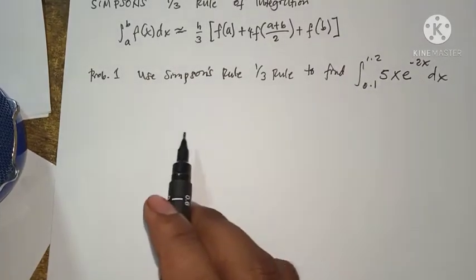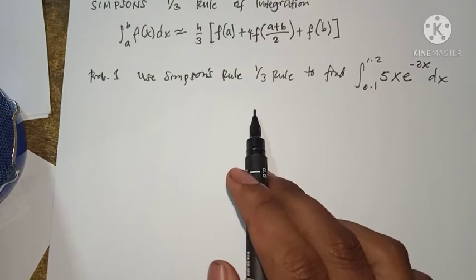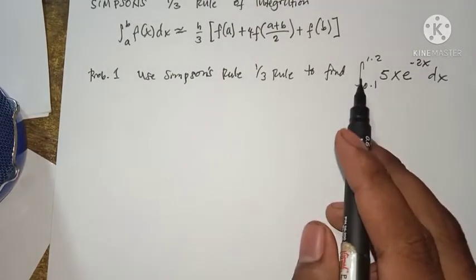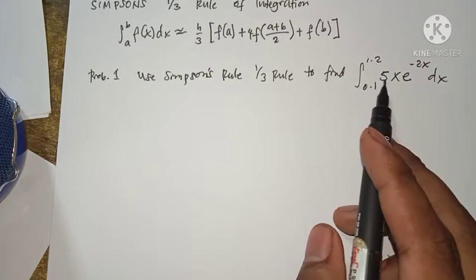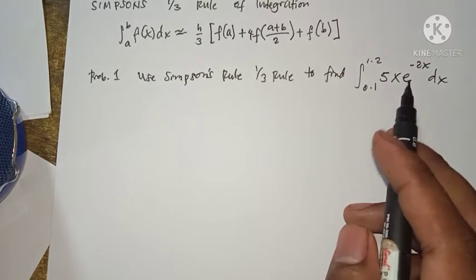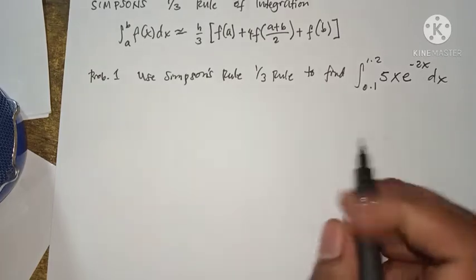So problem number 1: use Simpson's one-third rule to find the integral from 0.1 to 1.2 of 5x e raised to negative 2x dx.